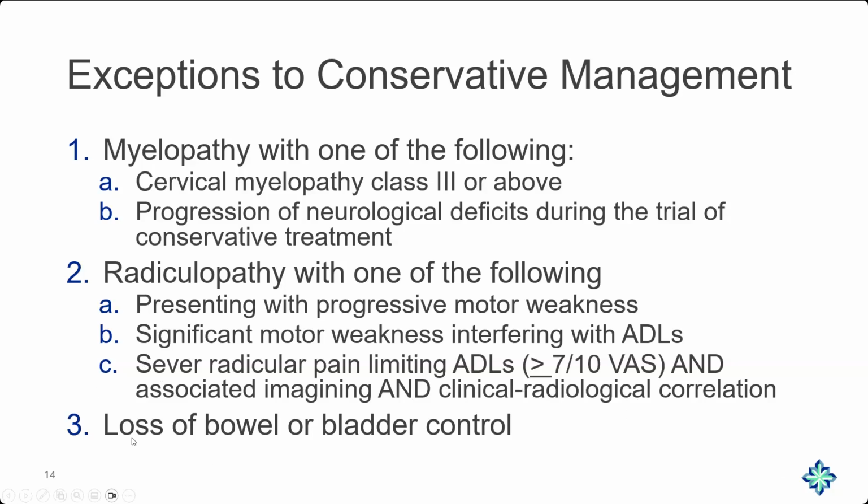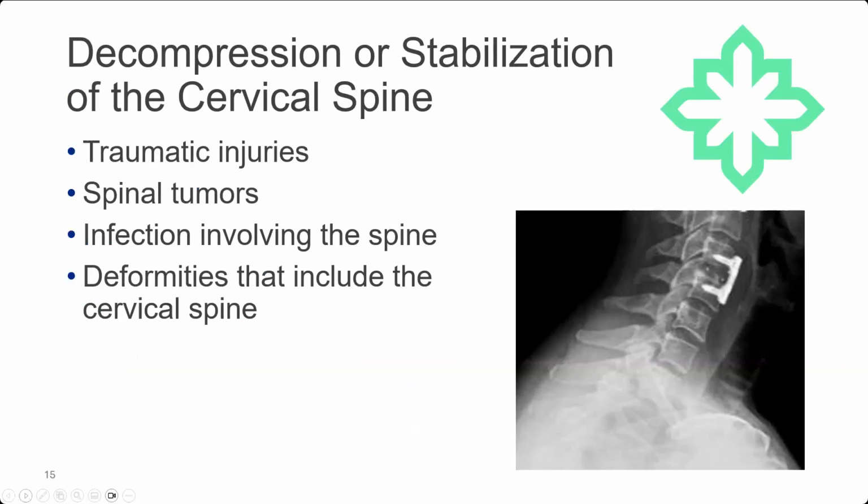And then another exception would be loss of bowel or bladder. So if they're already experiencing loss of bowel or bladder, that is uncharacteristic, that could be an exception to that conservative management. As we move on, decompression or stabilization of the cervical spine. So that's a third indicator.